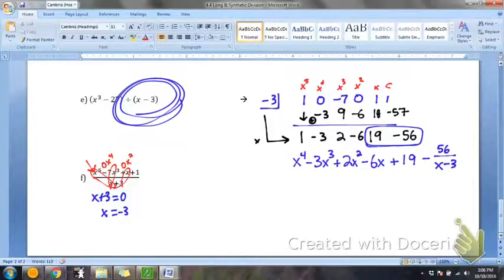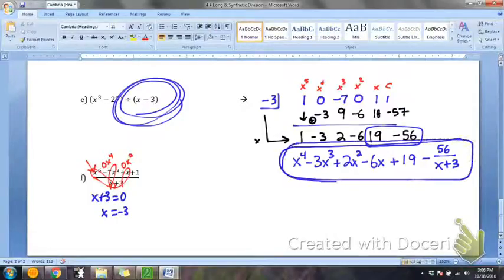Oh, I'm sorry, I'm looking at the wrong problem. You're right. X plus 3. This would be your answer here. So the 19 is your what now? Constant. A constant is a number that does not have a variable with it. Okay. Questions?